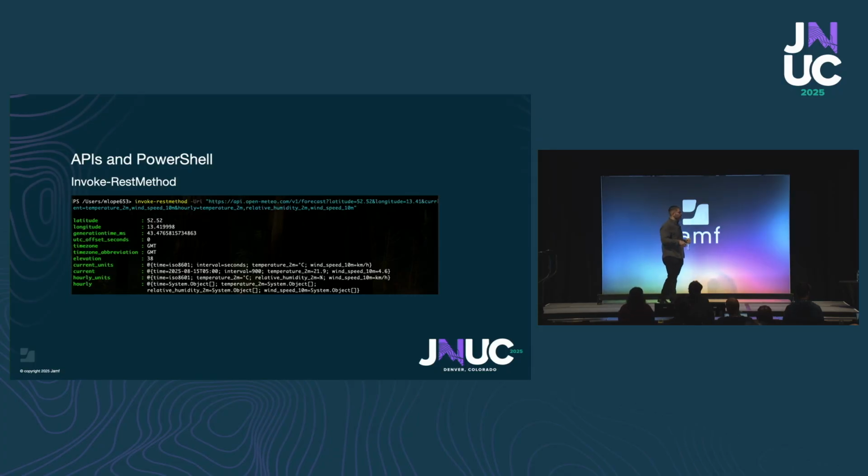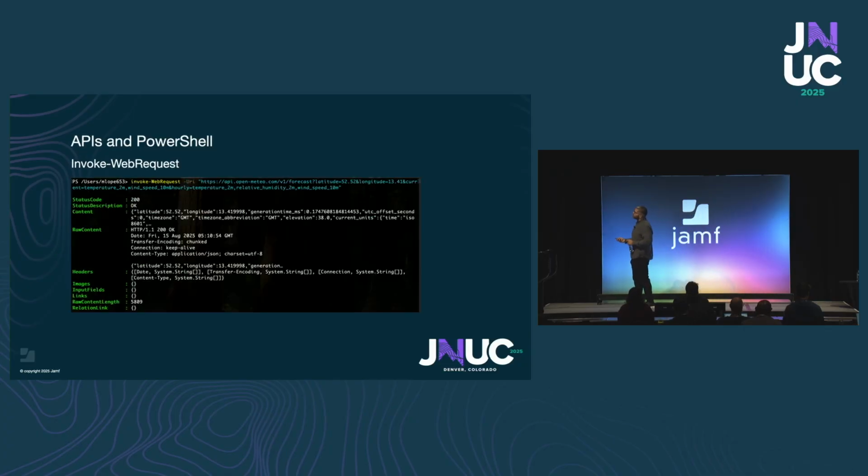Python operates the same way, and you have dot properties. So let's say you put this into the variable weather, and you do weather dot timezone, you would get specifically that information. So you can see how that comes out.